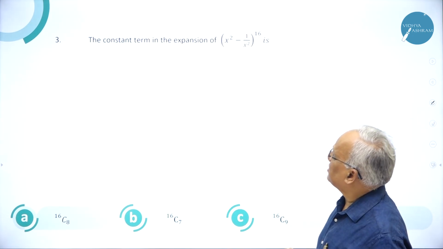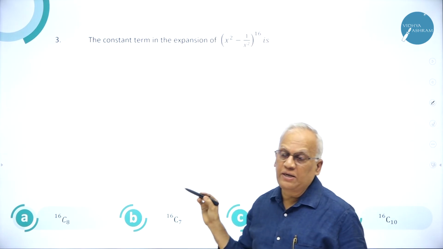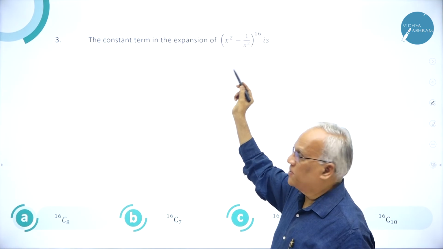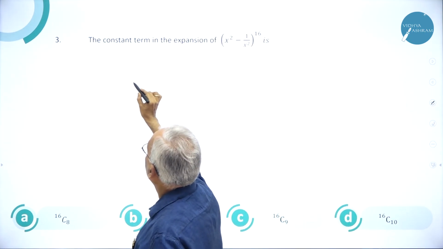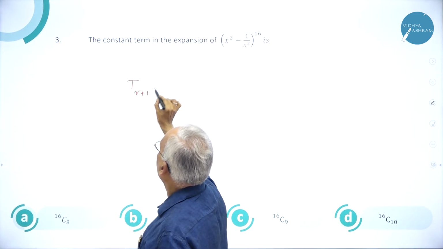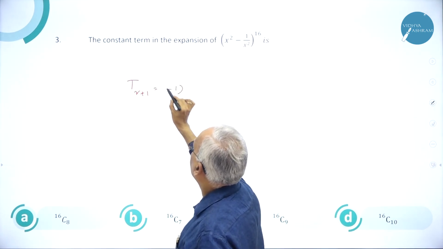See, the constant term in the expansion of this. Constant term is term independent of x. That is the meaning. Constant variable is x. So constant term is term independent of x. So what we do, the general term is T(r plus 1). Usually we write T(r plus 1) general term is (a minus 1) to the power r.